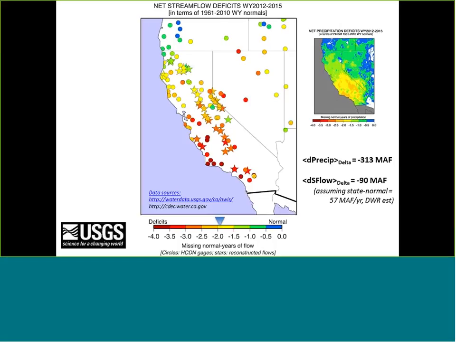We do our best to identify the gauges that we think are still showing us what nature would be providing. Those are the circles, and the stars are the state of California Department of Water Resources full natural flows. They've taken the records, often on the largest rivers, and backed out all those human influences to come up with their best shot at what the natural flows would have been.